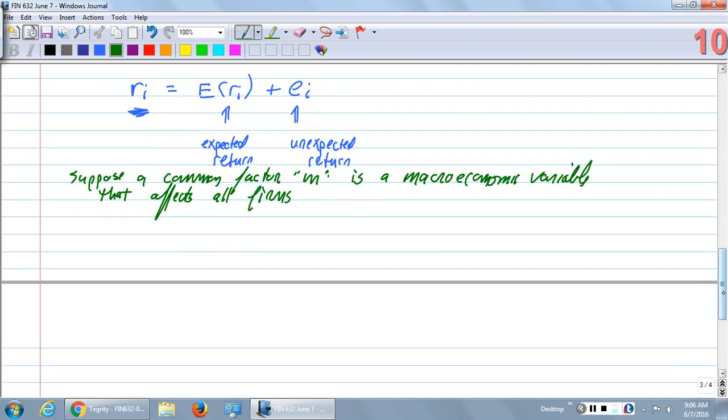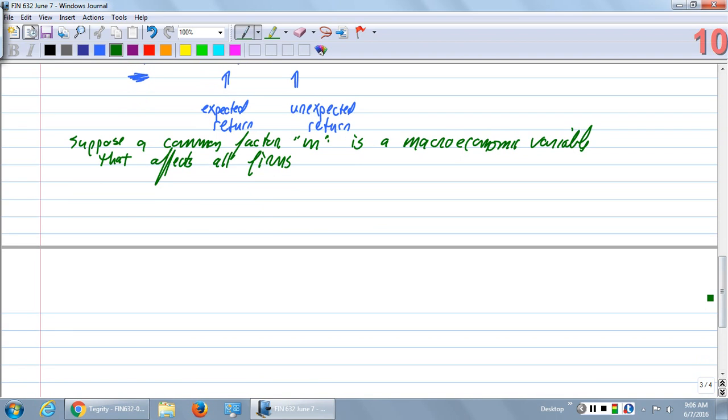So let's rewrite this, or at least your textbook rewrites this to say, okay, well, if that's the case, then the return on a stock I equals what we expect it to be plus, when the market moves, right?